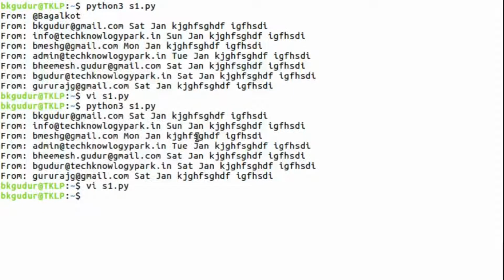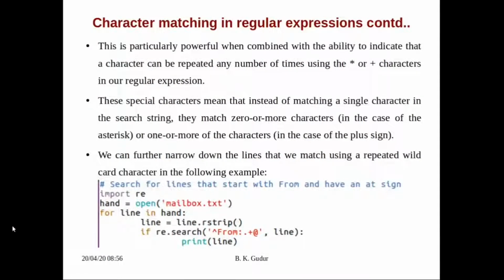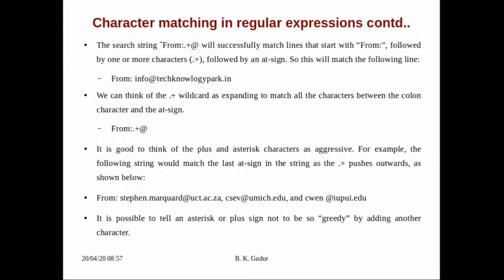So I hope you understood the difference between the star and plus characters, which have a special meaning in regular expressions. With this, if we proceed further, the search string from colon dot plus at will successfully match lines that start with from, followed by 1 or more characters, followed by an at sign.